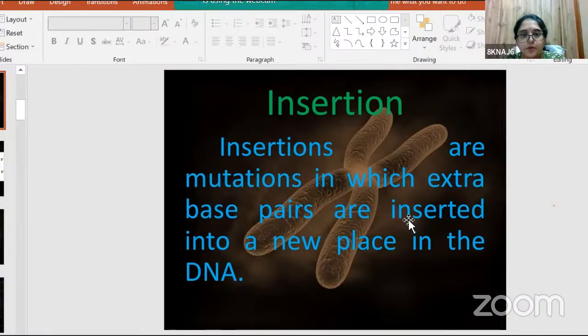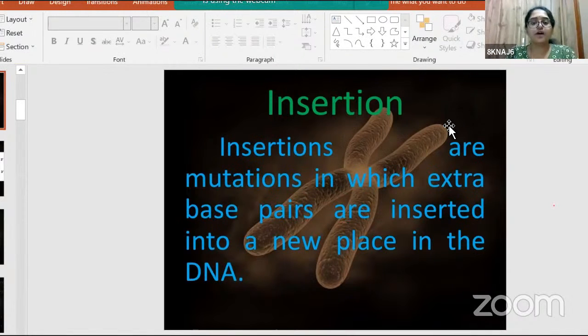If any mutation alters this sequence or the signals, and the intron is not removed, it will be there in the final RNA molecule also. This alters the sequence of the protein that is coming out, which is not necessary for us. Now, this is all about splice site mutations.